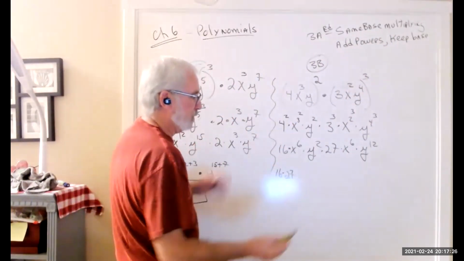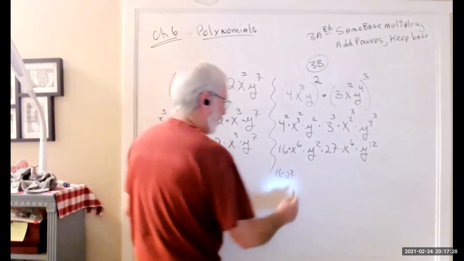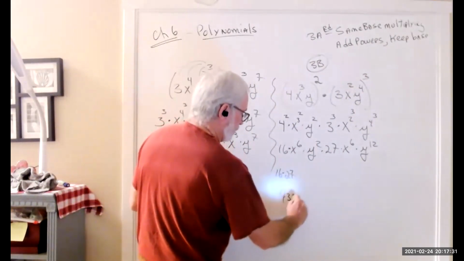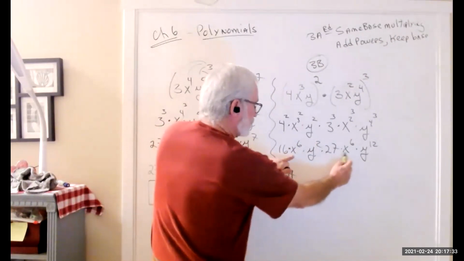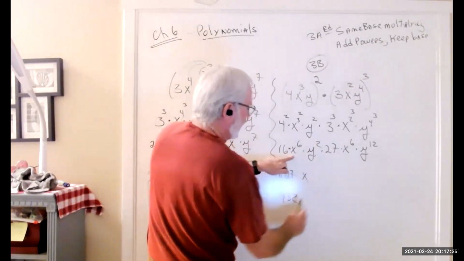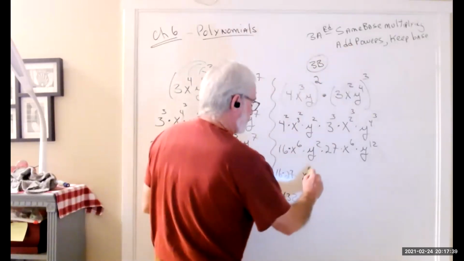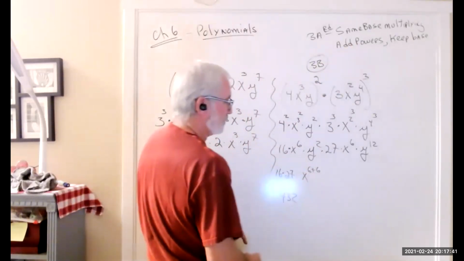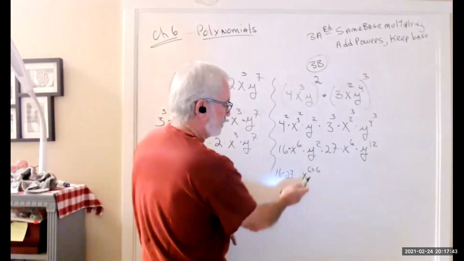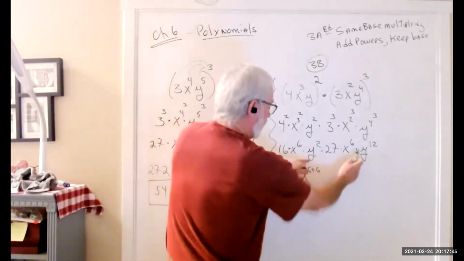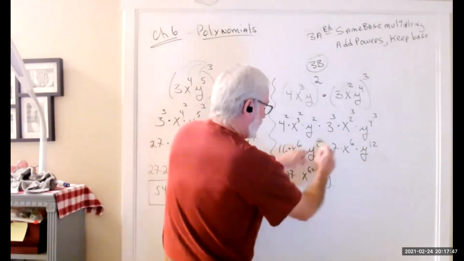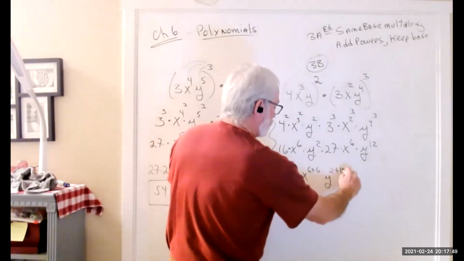I think it's 432. Yes, that's the 432 part. But with my x's, the same base, I add their powers, 6 plus 6, to x. My y's are going to be 2 plus 12.